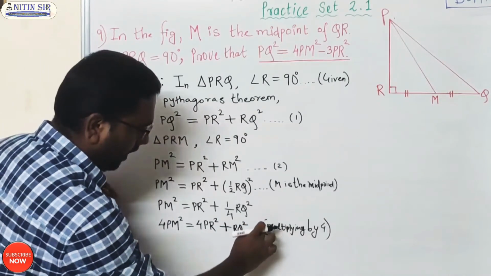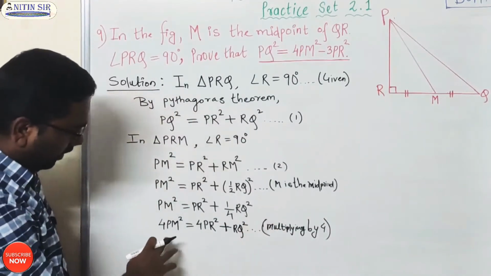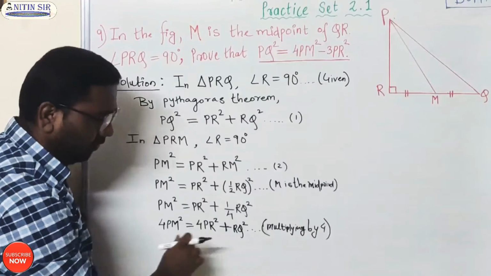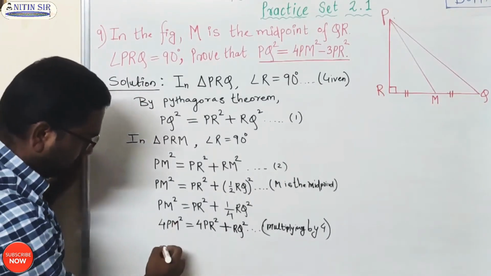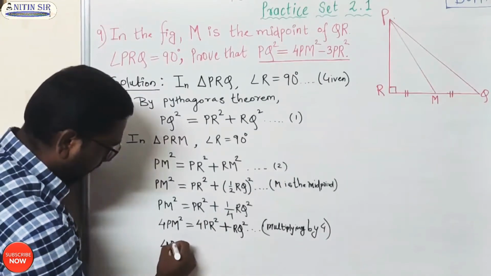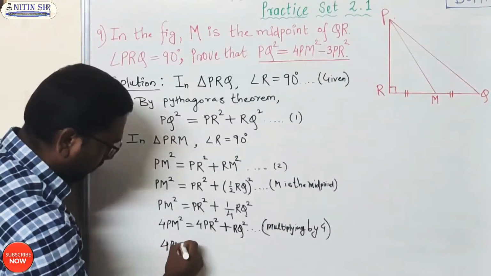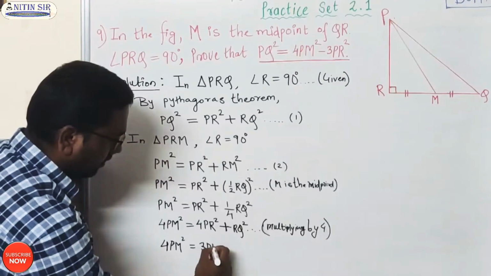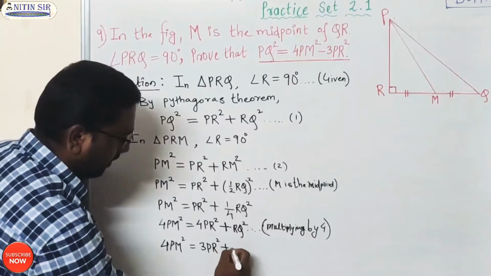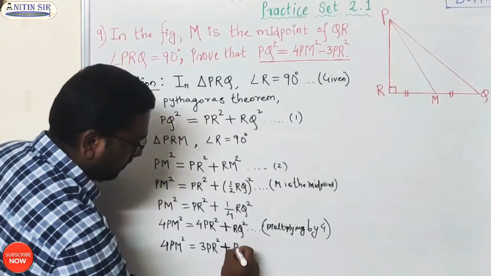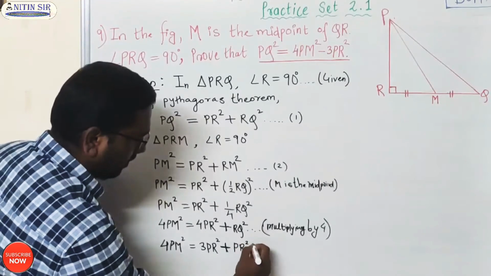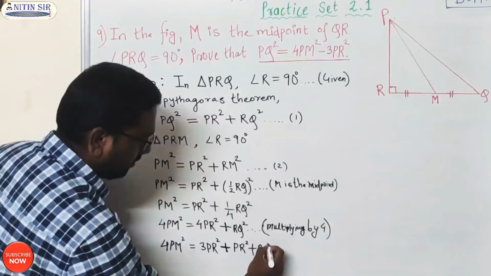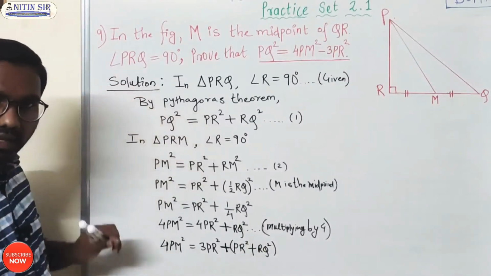What we have done, we have multiplied this equation by 4. Can we write this equation as, if you simplify it more, 4 PM square is equal to 3 PR square plus PR square plus RQ square, like this. Can we write?